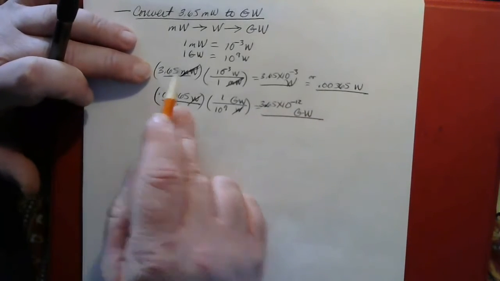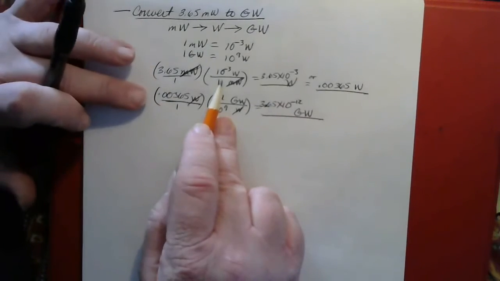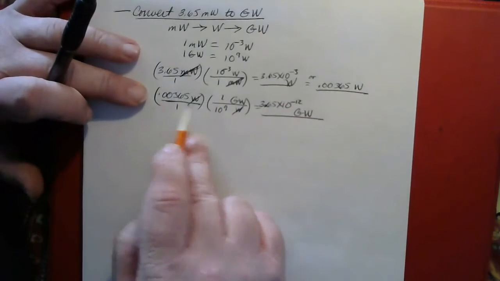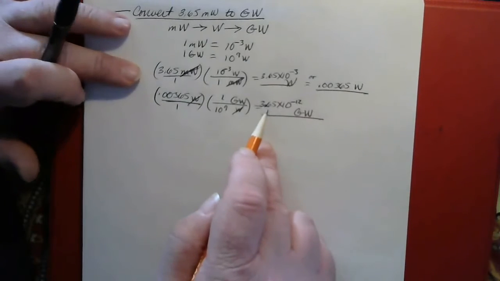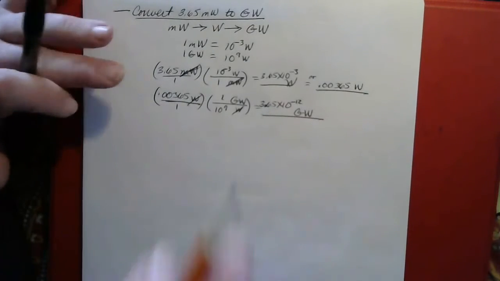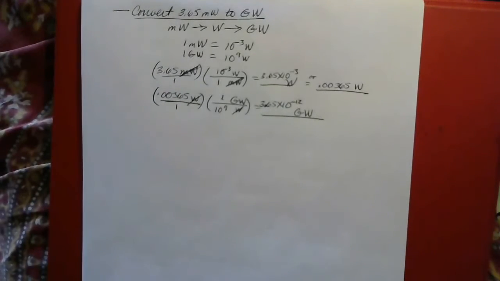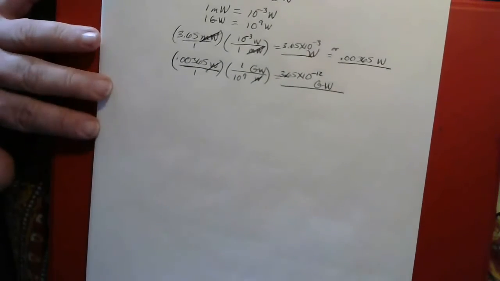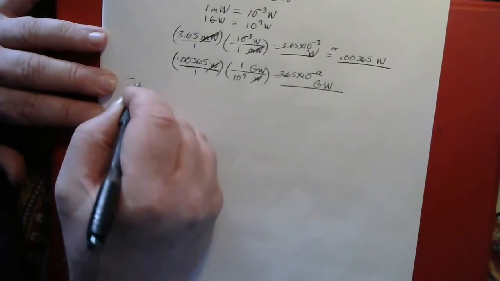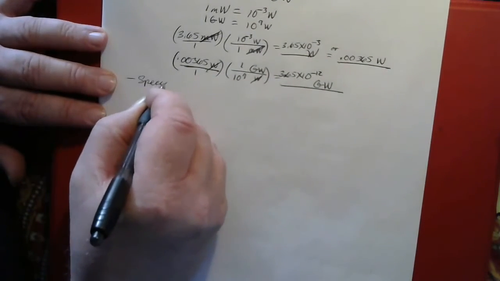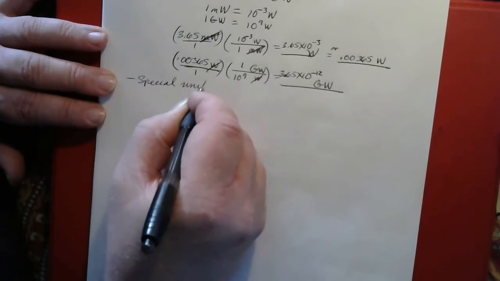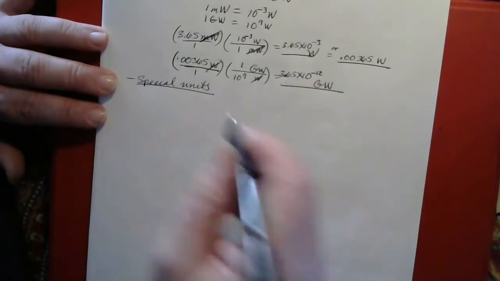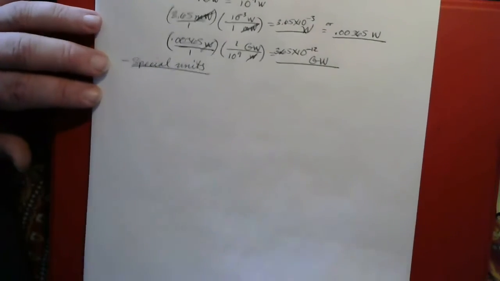3 significant figures, infinite significant figures, again, 3 significant figures, infinite. So 3 significant figures it is, and that's actually what we ended up with in the answer. So that worked out nicely. There are also metric conversions using special units.